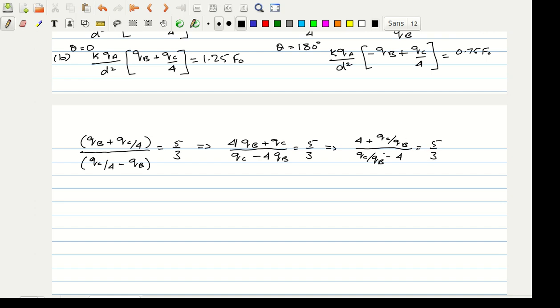So qc is to qb is the ratio that we have to find. Let us say that value is equal to R. So we are saying that (4 plus R) over (R minus 4) is equal to 5 by 3.